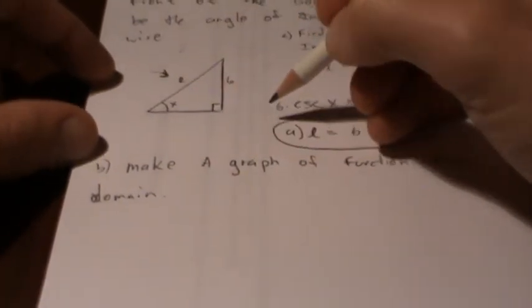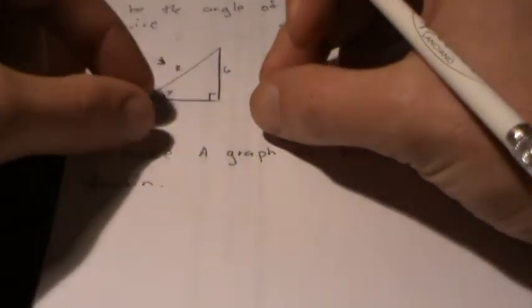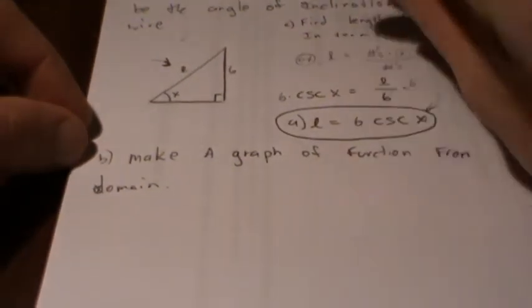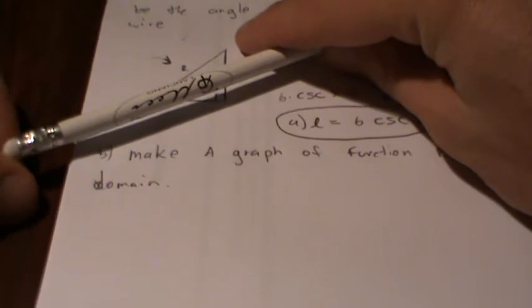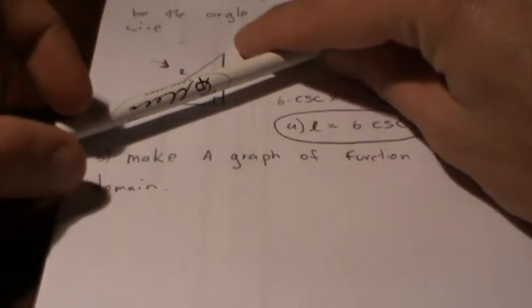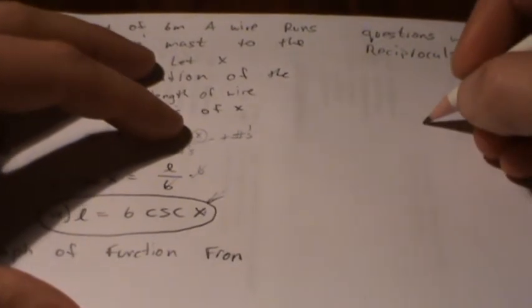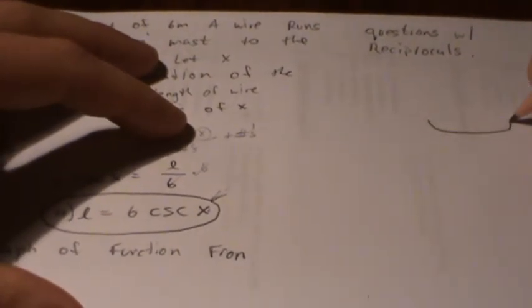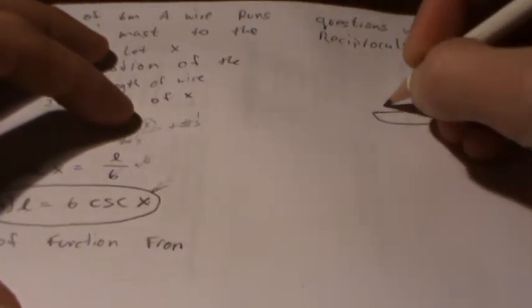What we can do is change the length of the boat, so that if the boat is really long, then the wire has to be very long as well, and the angle is short. Let me give a couple of examples here. I've got a boat with the 6-meter mast, and there's my angle x.